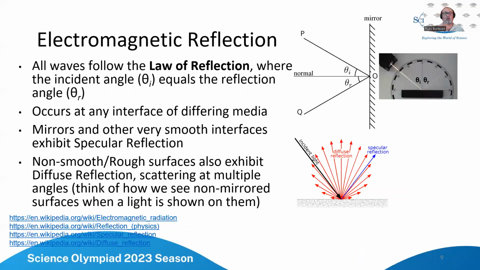So let's start by talking about reflection. So reflection is probably the single number one way that we talk about an electromagnetic field, especially light, changing direction. What ends up happening is you have an electromagnetic wave or beam of light impact on a surface and bounce back up.